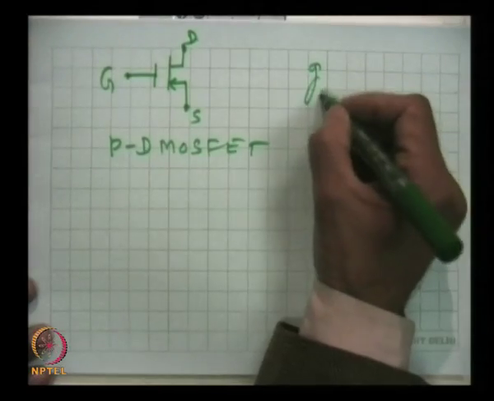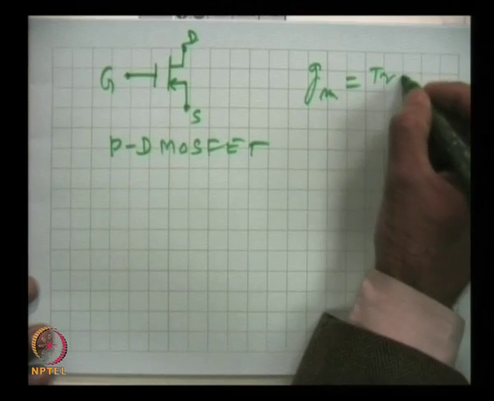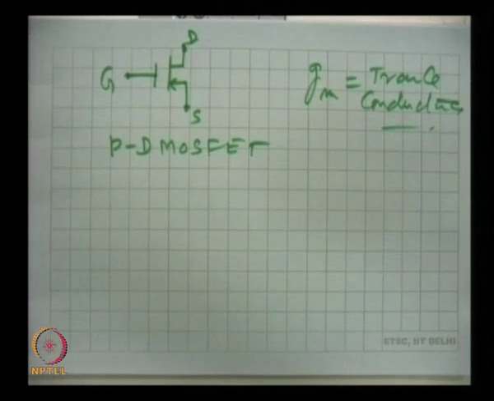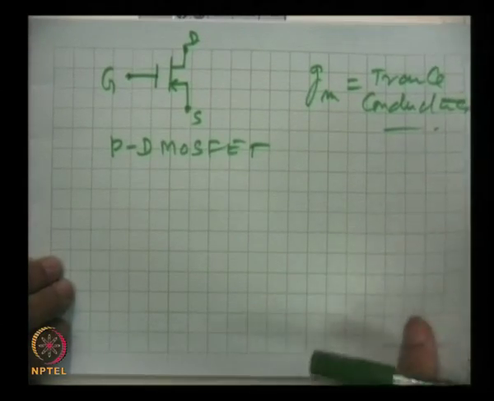So, the output current is changed by the gate voltage, the input voltage, and so current by voltage, that is GM, transconductance. We will talk about it. Transconductance of the device will be most important parameter of a FET and MOSFETs.